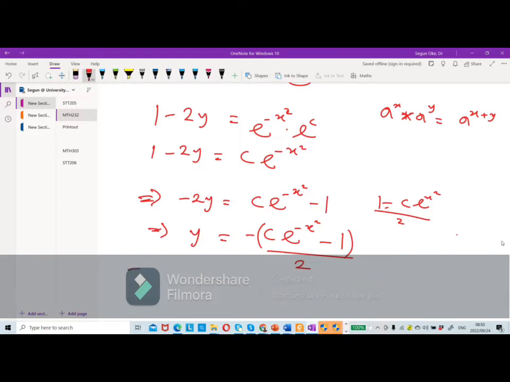If you want to conclude this way, open the bracket with minus c exponential minus s squared plus 1, everything over 2, which is the same thing as 1 minus c exponential minus s squared all over 2.